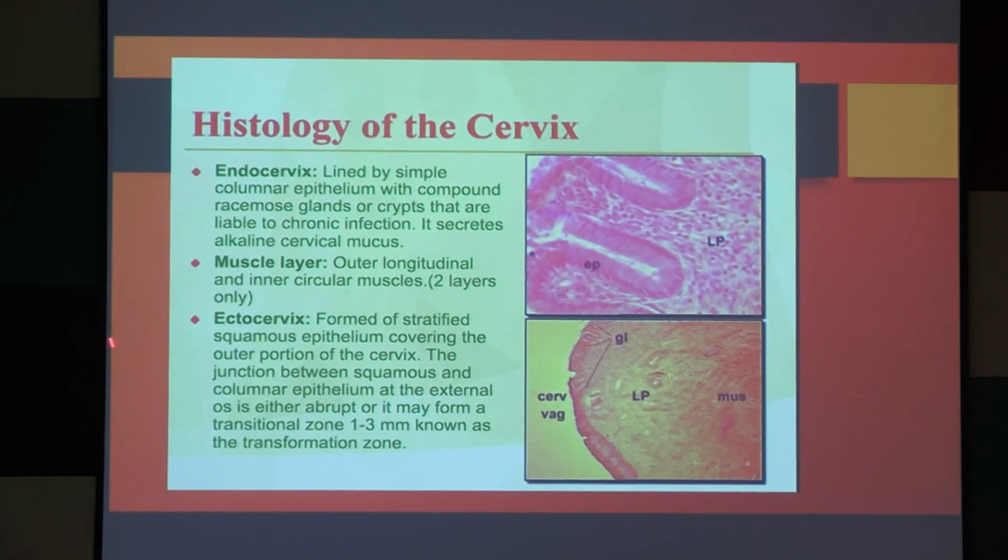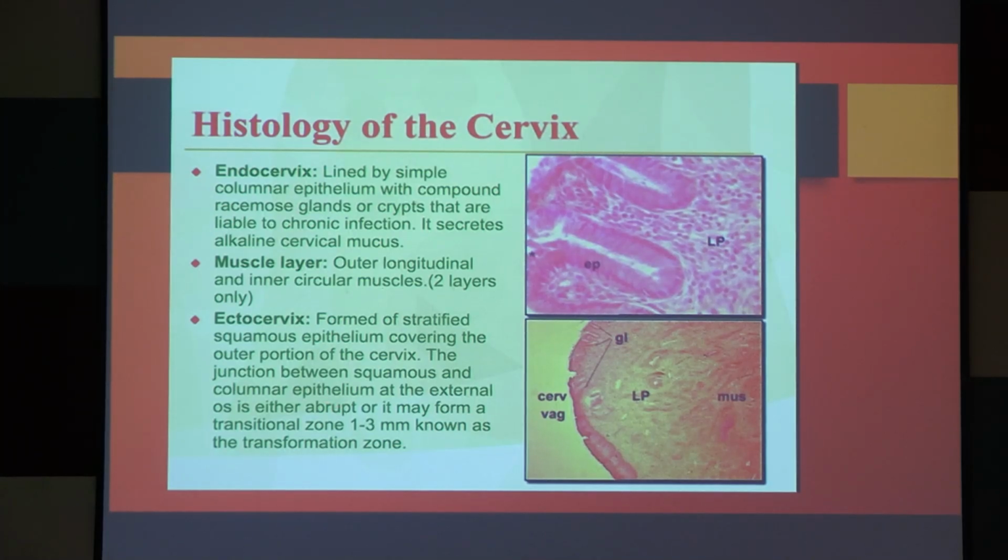The endocervix is lined by columnar epithelium and the racemose glands, but the ectocervix is lined by stratified squamous epithelium.